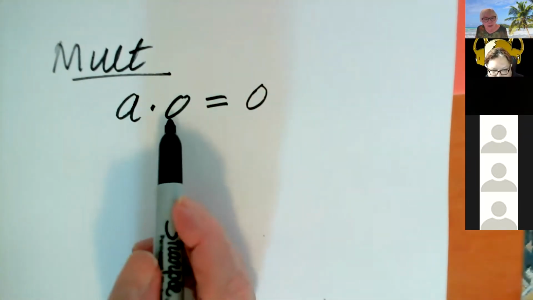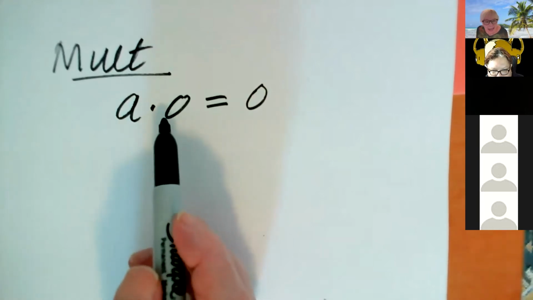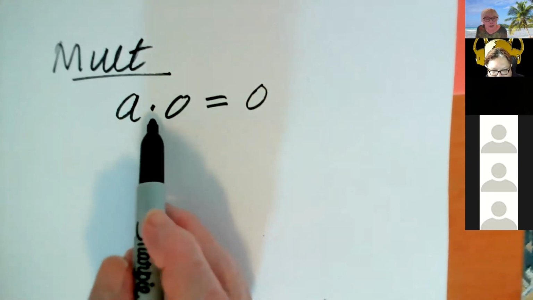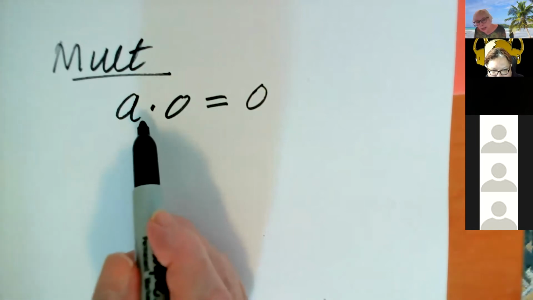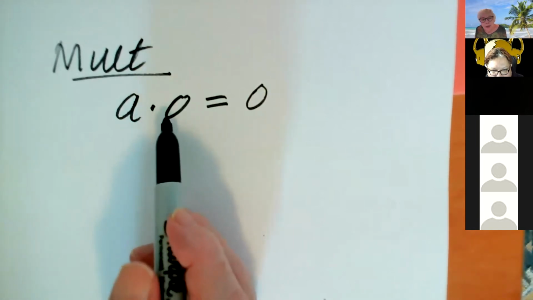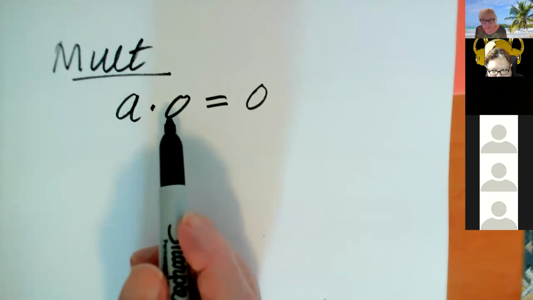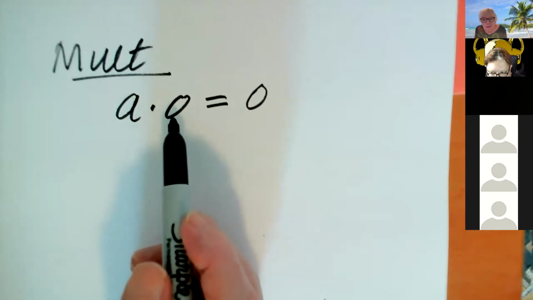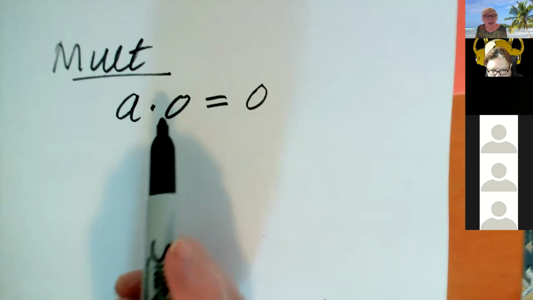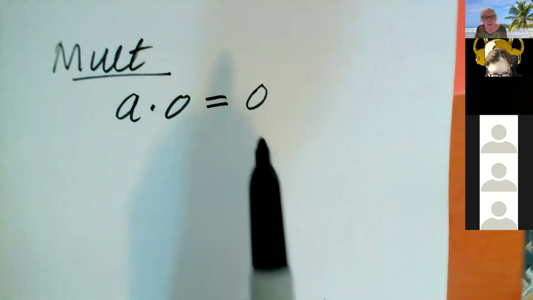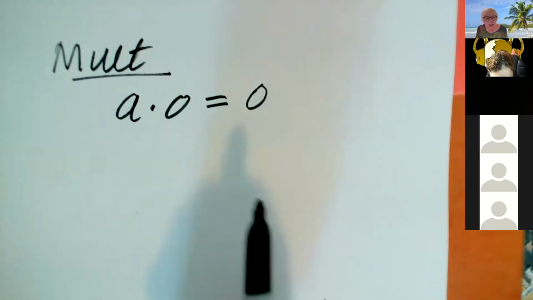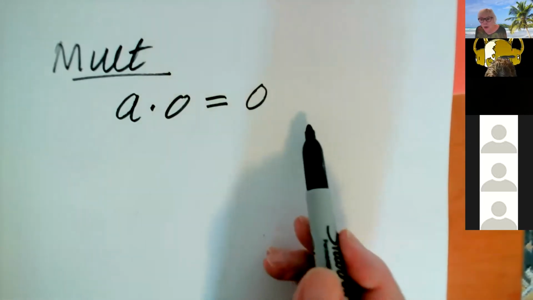The first time I saw somebody give a name to this rule, I was in college at age 18, and the book called 0 the Multiplicative Annihilator. You like it? I've always remembered that. It was so cute because you have big numbers, millions, billions, times 0, all gone.